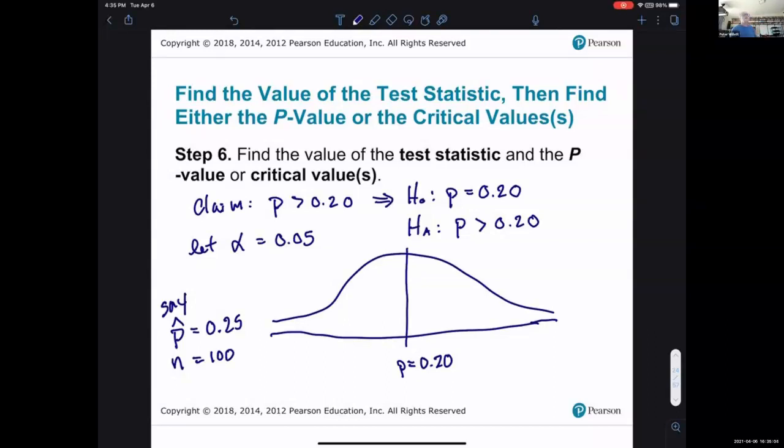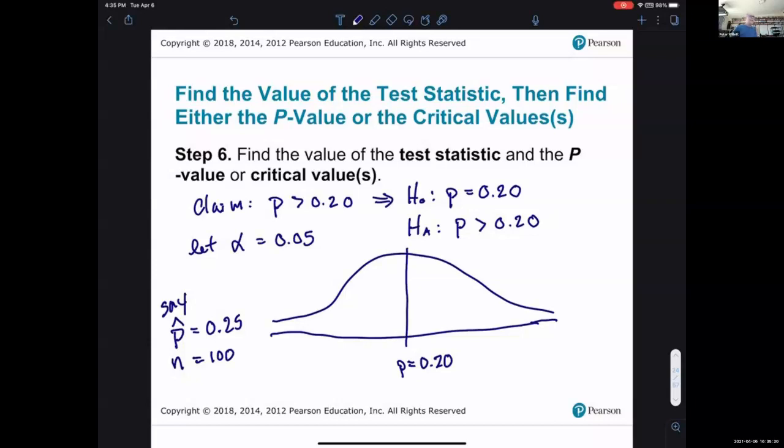If the probability that I could get my sample this much above 20%, when the actual population proportion is 20%, makes this result so unlikely, then I say, well, instead, I really don't believe it is 20%. I think this is sufficient evidence that it must be more than 20%.